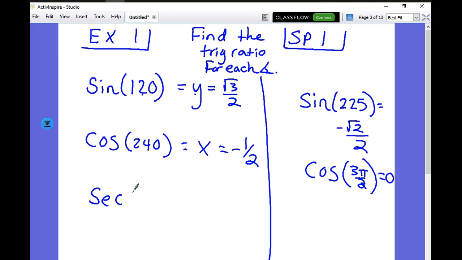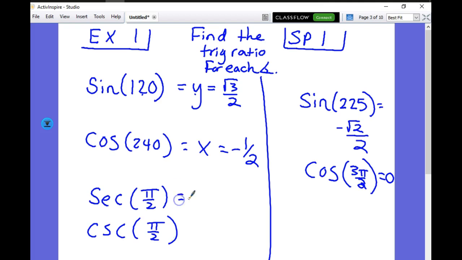I want to pick one that does something special. Let's do secant of pi over 2. And let's also do cosecant of pi over 2. Now, this was going to be an example, but I'll show you. So let's do it.